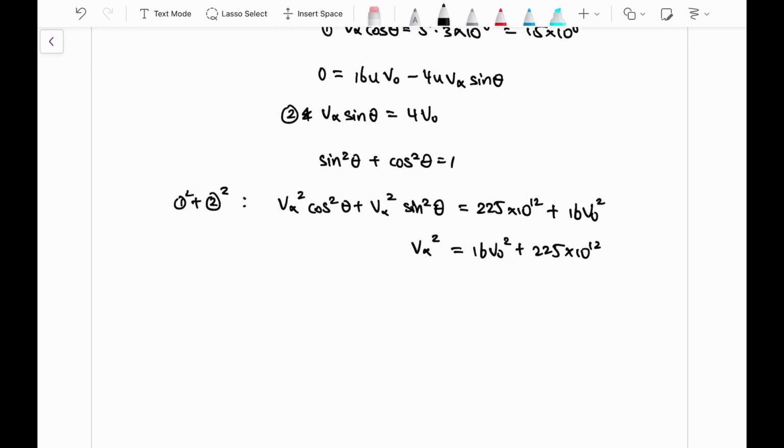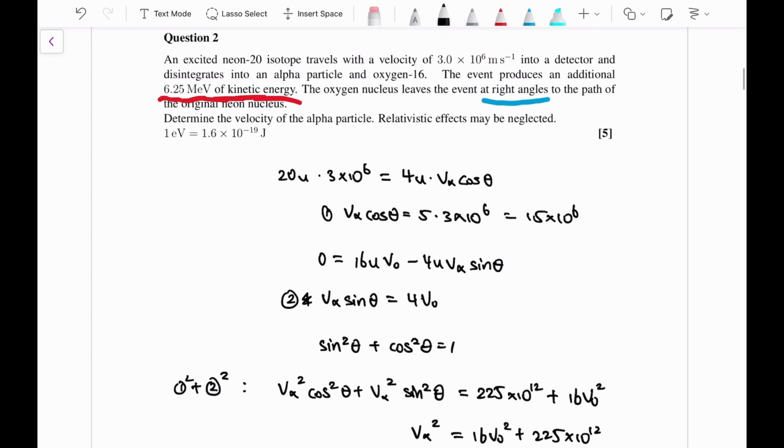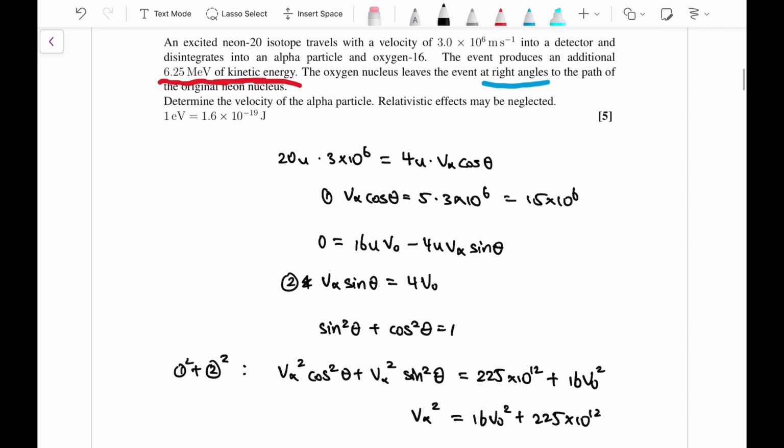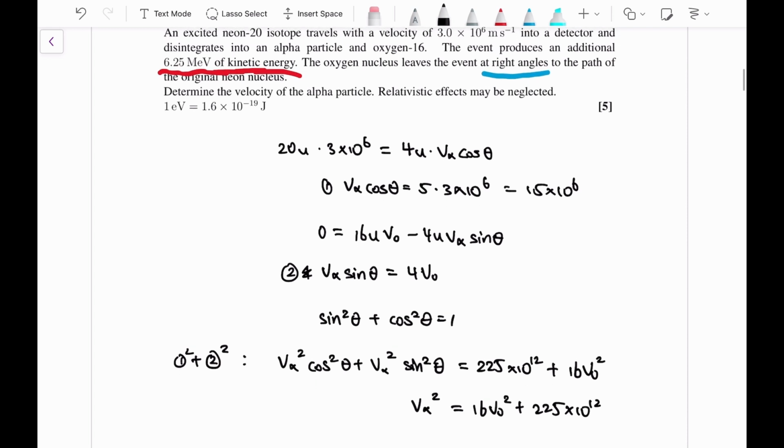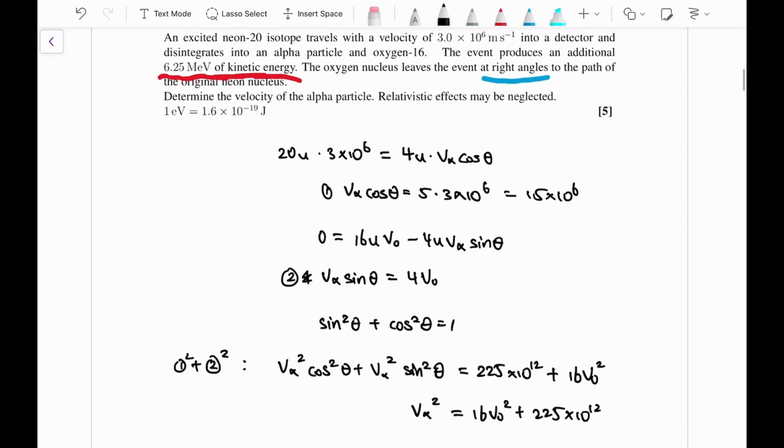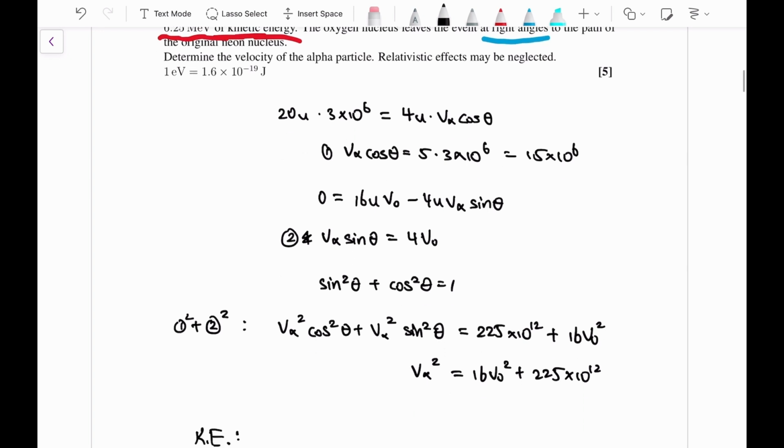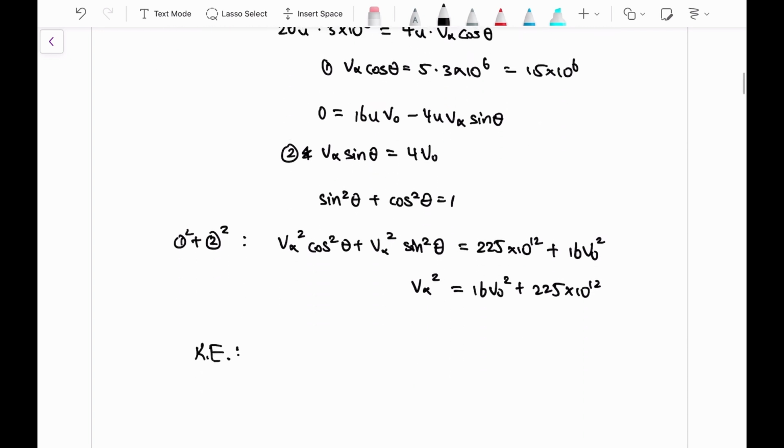So for KE, what we can do first is that it produces additional kinetic energy. So this means that it's in addition to the kinetic energy of the neon 20 isotope. And so we can write out the equation first.